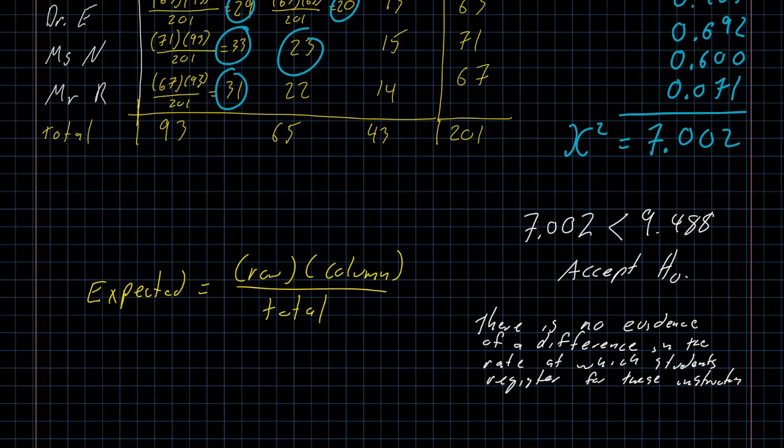That's not to say, as I write this down to be clear, I wrote down that there is no evidence of a difference in the rate at which students register for these instructors.